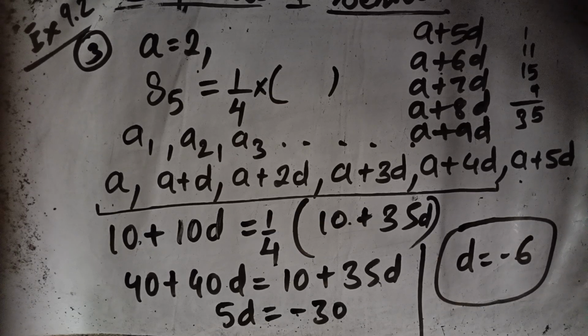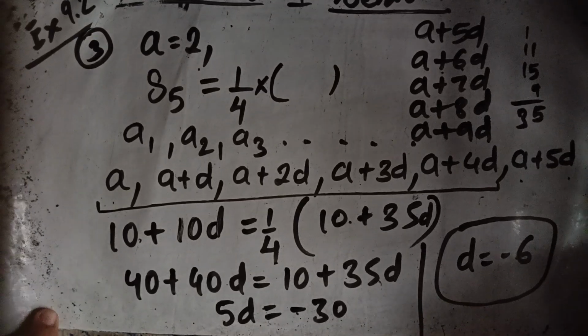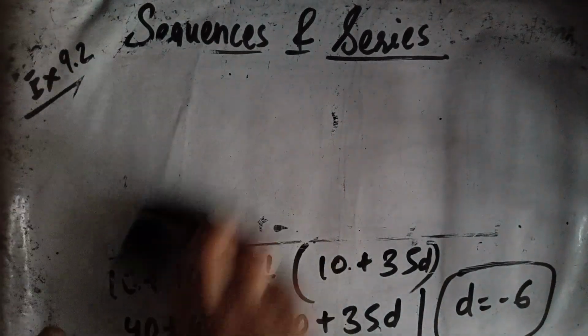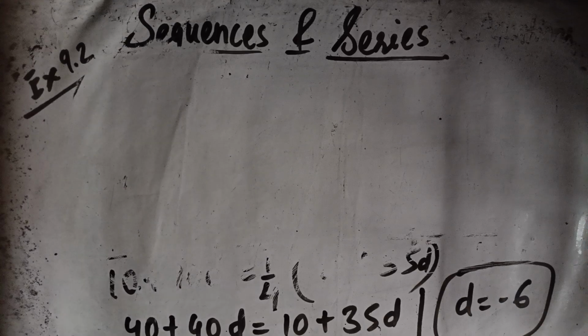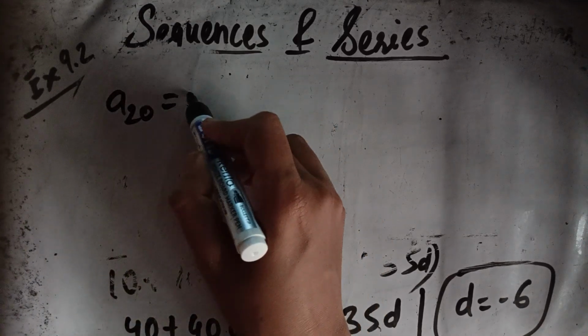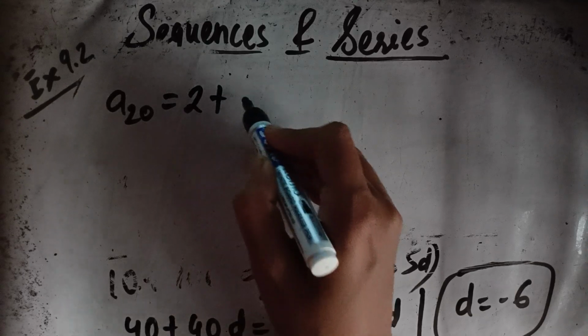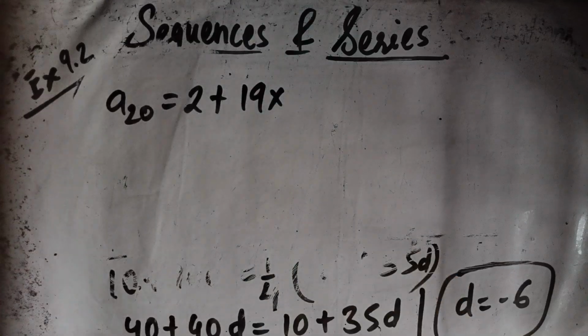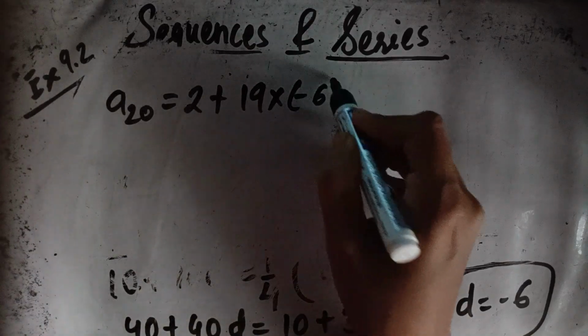So you have to find the 20th term, that is a20. A is 2, n minus 1 becomes 19, into d.